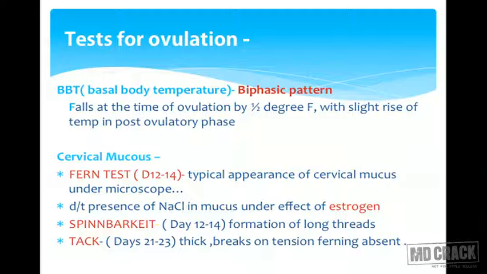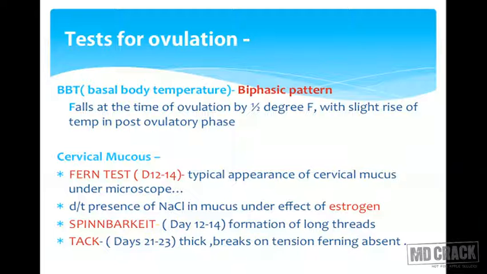Its stretchability is increased, so we call it Spinnbarkeit positive. If you see the cervical mucus under the microscope, there would be a ferning pattern. This ferning is seen due to the influence of estrogen; there is presence of sodium chloride in the mucus, and that gives this fern appearance.